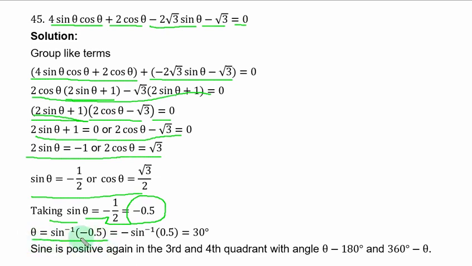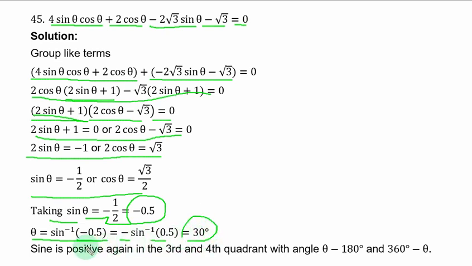You are not taking the inverse of sine of minus 0.5. This minus means you check the other quadrant where sine is negative. So you write the sign outside and check the inverse of sine of 0.5, and that is 30 degrees.